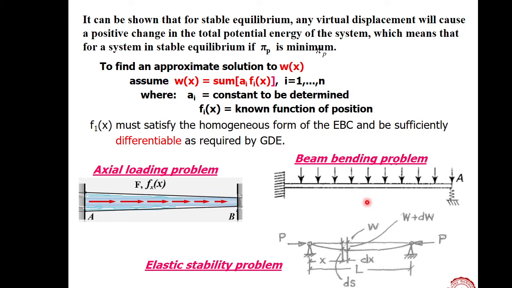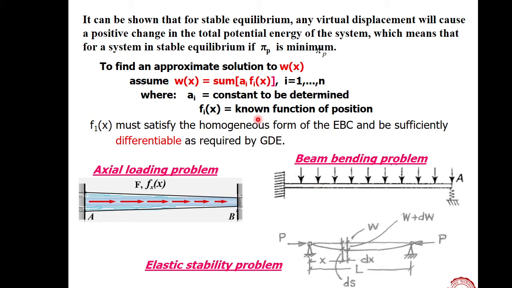Say for a beam problem, we will see afterwards that we require the fourth derivative of the deflection field. So in such cases, the function must be such that its fourth derivative exists as such. So this is one additional requirement. So this much is fine.